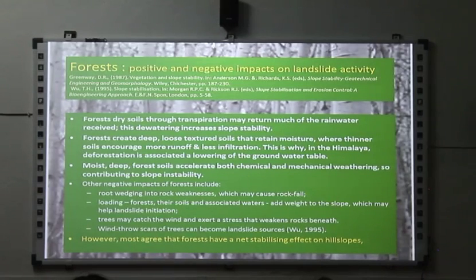So forests have an interesting relationship with landslides. They're quite good in other ways. They dry the soils, and the dewatering increases slope stability. But they also increase the depth of the soil, and the loose soils store moisture. This is the argument of colleagues in Nagaland who wanted to create stream sanctuaries on hill crests by preserving forests there.